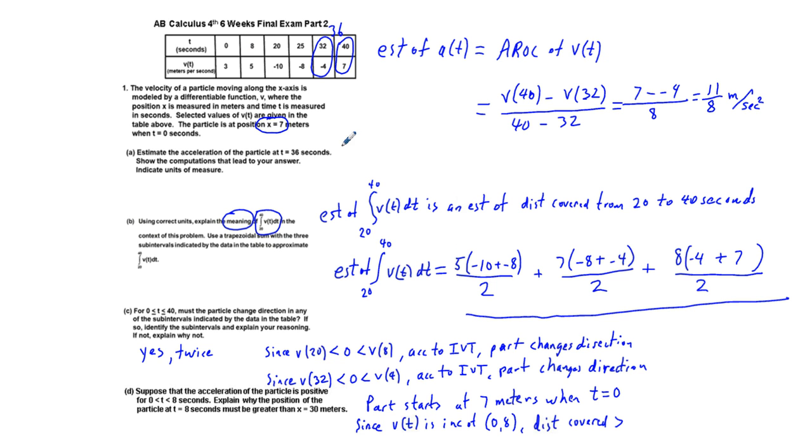If we do a left Riemann sum here, 8 times 3 equals 24 meters.